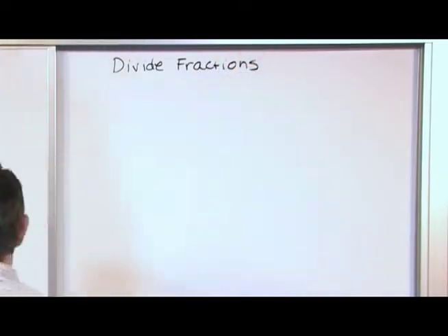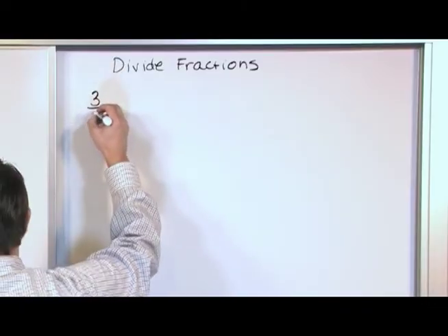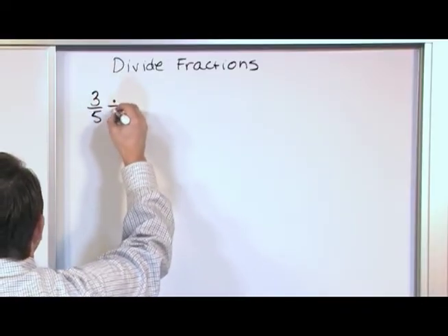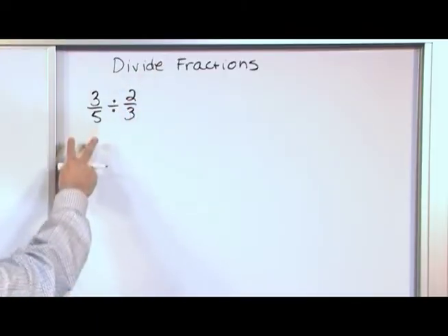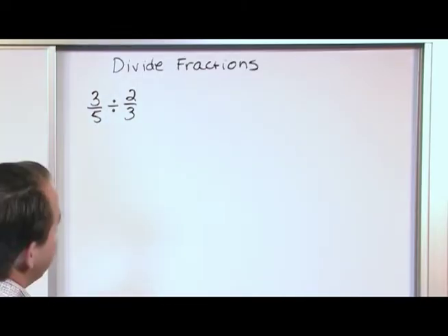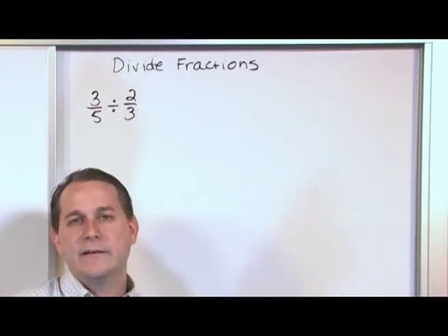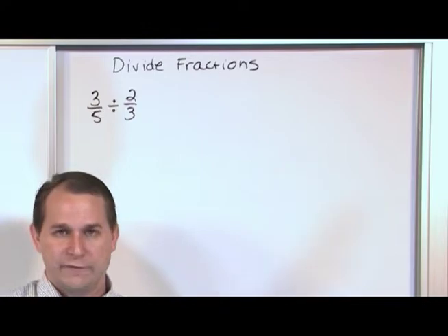All right, so let's do one like this. Let's say we have 3/5 divided by 2/3. We have a fraction and we're dividing it by another fraction. Now, let me show you a different way to write this, not because it's better or more proper, but because in your algebra books you'll probably end up seeing it this way eventually, and I don't want you to be confused.